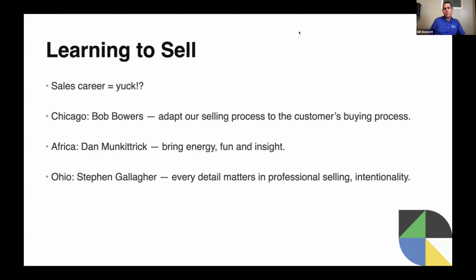If I'm trying to influence anything in a positive way, my kids or even myself, I would say we need to be flexible with how we adapt our selling process to that person's buying process. What's important to them, and that is a big part, I think, of becoming an excellent and generous salesperson.